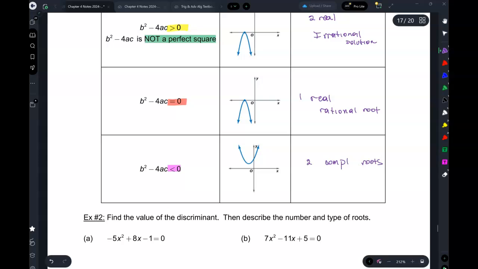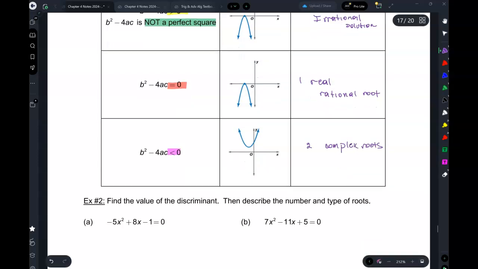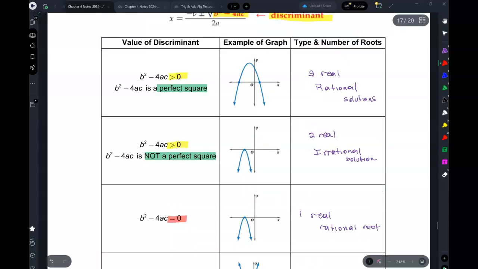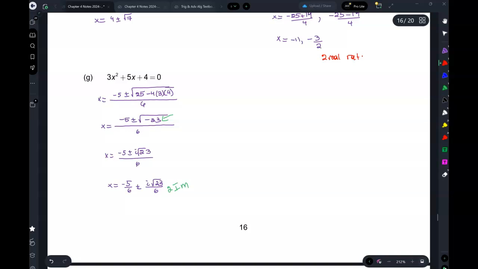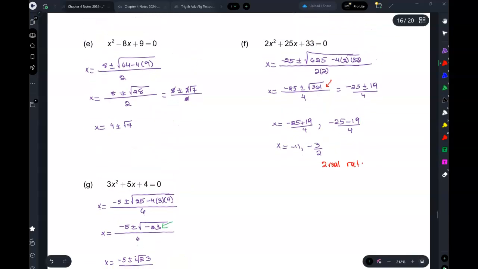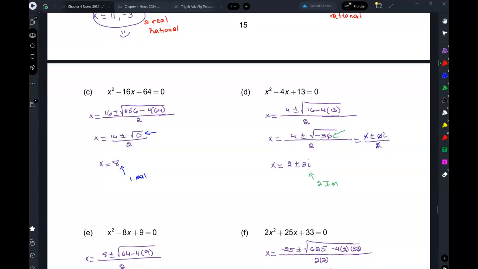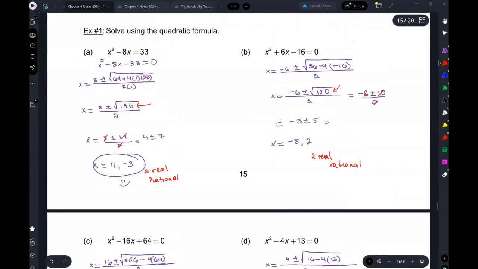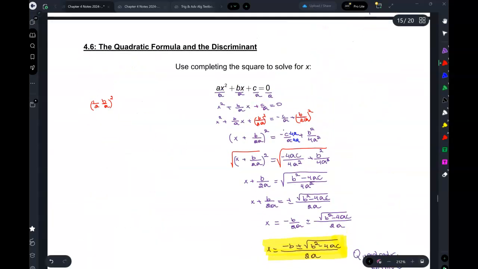Okay, now listen. Complex roots. When do we get complex roots? When we take a square root of a negative. But where does that square root come from? In here it's plus or minus, but where did that plus or minus come from?